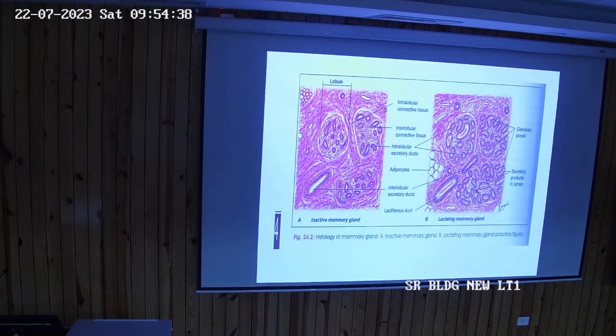These are the fat cells. Besides that, you will also find nerve fibers, lymphatics, and plasma cells. And in the lobule, you will find the alveoli, which are lined by cuboidal epithelial cells, and the duct. The duct may be an interlobular duct or an intralobular duct. So that is the picture.